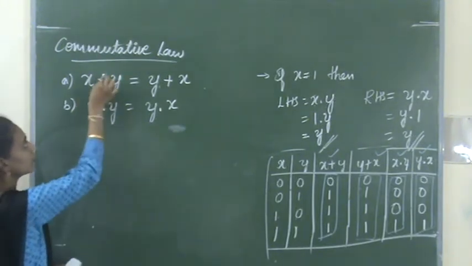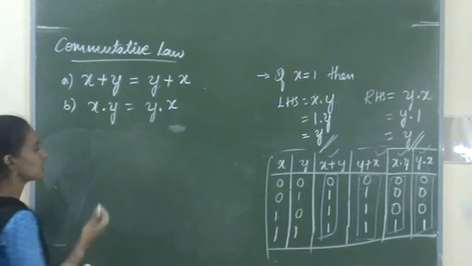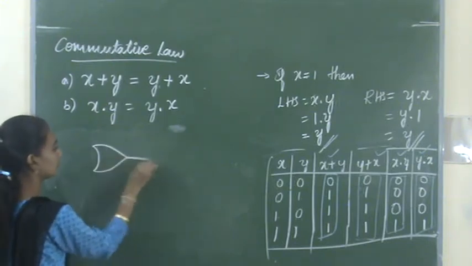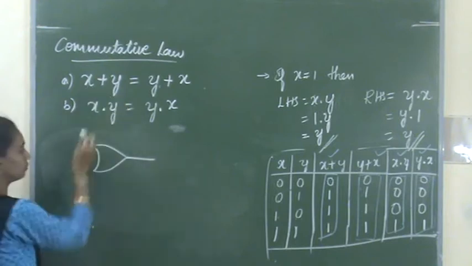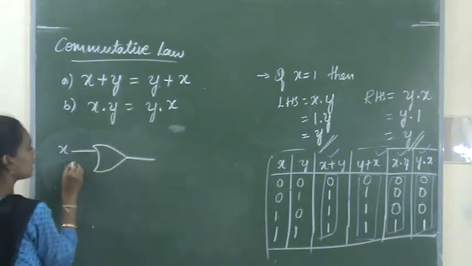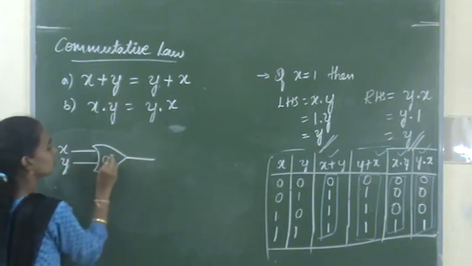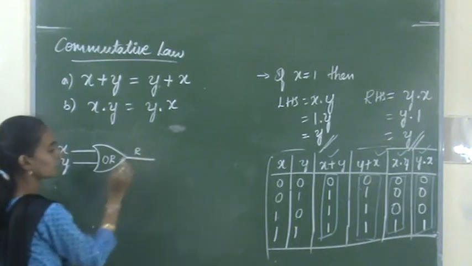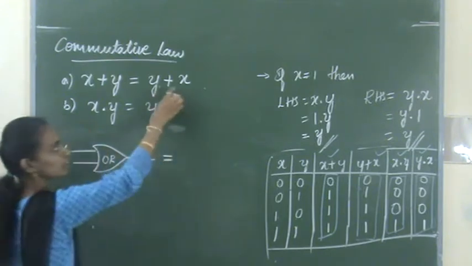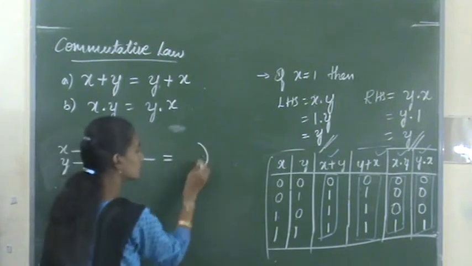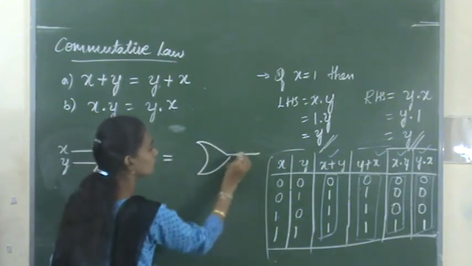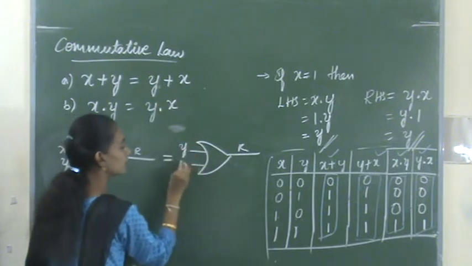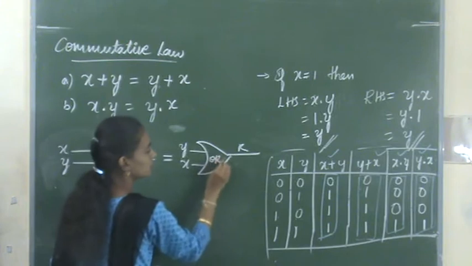Here we are using the OR operator. The standard symbol for OR is this one, right? Here we are providing two inputs. One is x, another one is y. That is the OR operator. This result is equivalent to the same OR operation, where we are providing inputs y and then x.